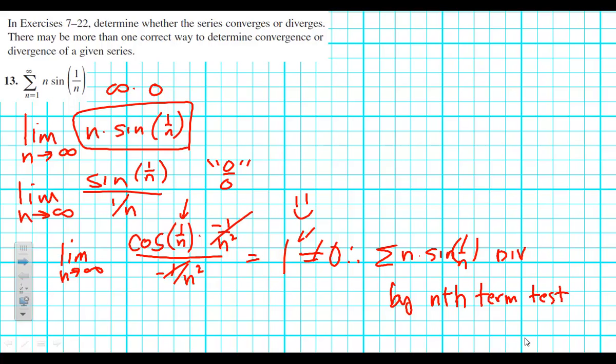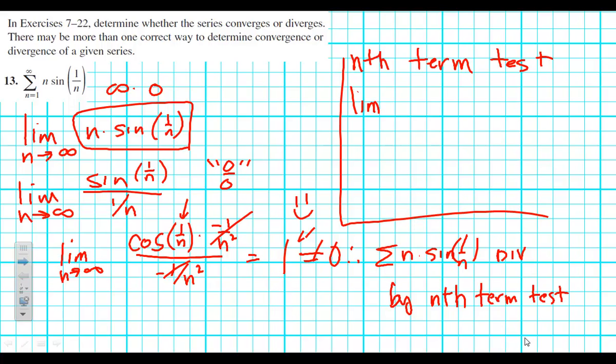What's the nth term test? The nth term test says this. What lesson was it? 9.3, I think.